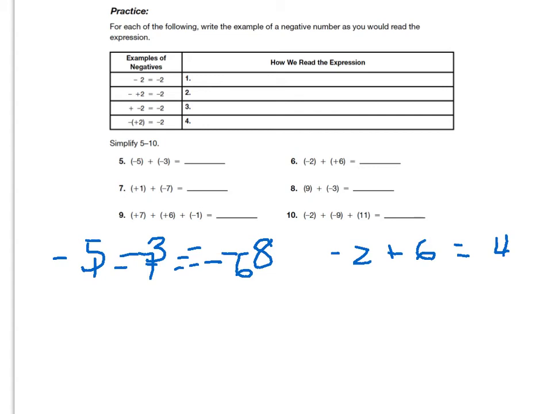So number 8, we have a 9 in parentheses, which looks kind of funny. It's not really doing anything, so we're just going to get rid of the parentheses. As long as they're not implying multiplication, they're not necessary. Now we have plus a -3, and we know that one sign is enough, and we know that negative wins, so it's really 9 minus 3, which should look very friendly.